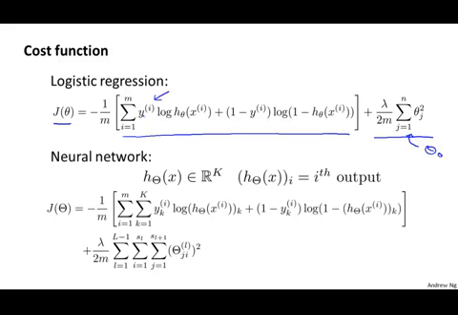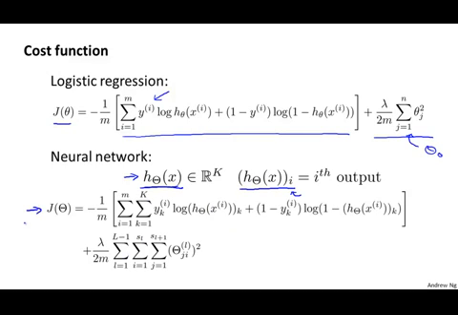So here's our cost function. Our neural network now outputs vectors in R^K, where K might be equal to 1 if we have a binary classification problem. I'm going to use this notation h of x subscript i to denote the ith output. That is, h of x is a K-dimensional vector, and so this subscript i just selects out the ith element of the vector that is output by my neural network.